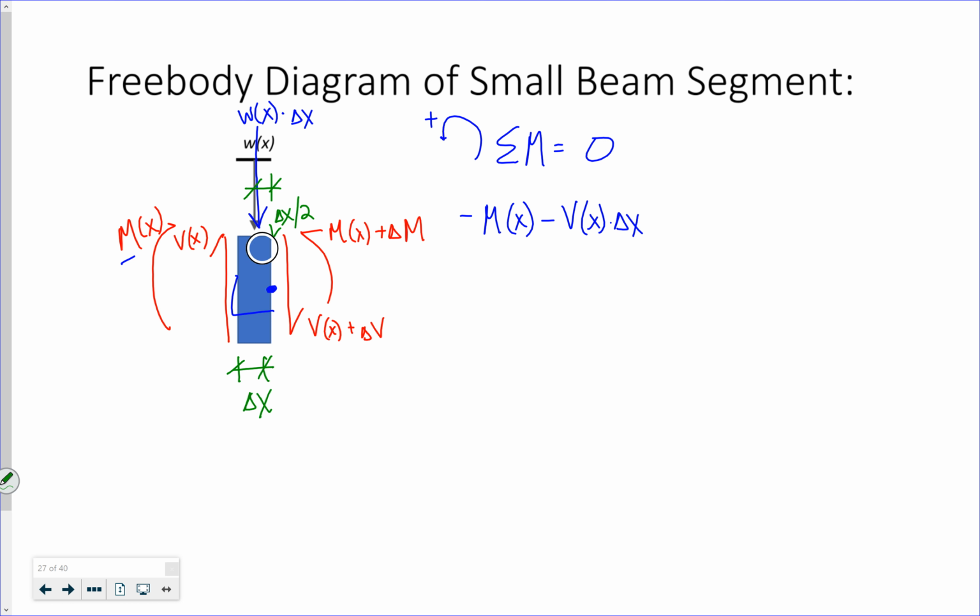So I have the resultant, and this is acting counterclockwise, so it's positive.